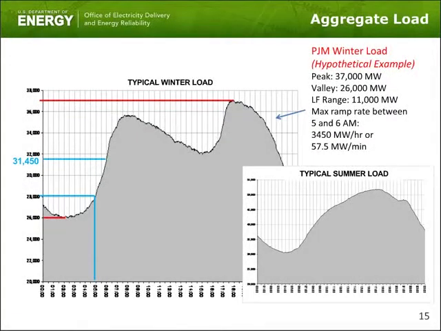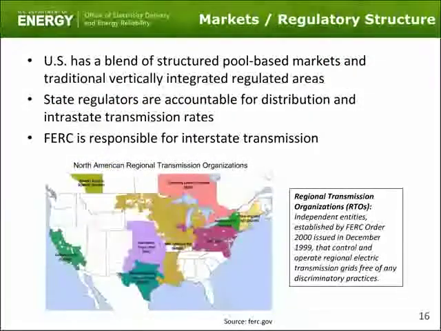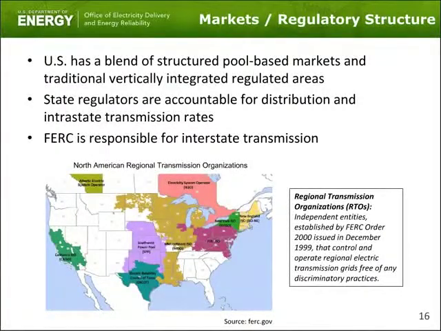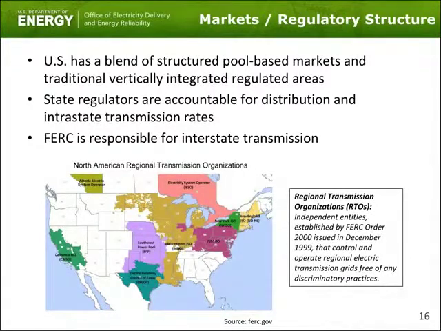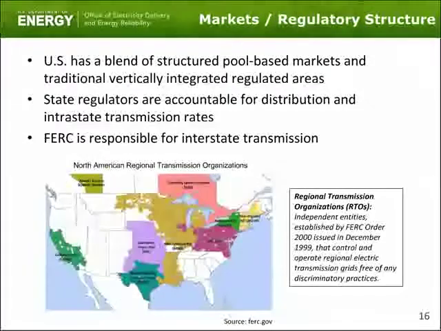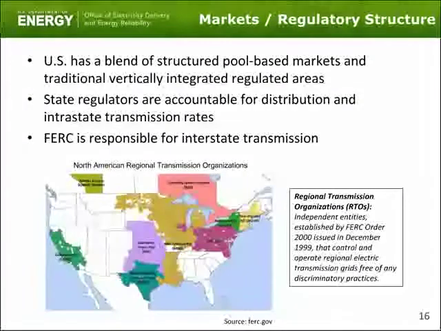Slide 16, please. There are a variety of markets and regulatory structures across the U.S. From a market perspective, you have everything from structured, pool-based markets for energy, to traditionally vertically integrated regulated areas. State regulators are typically accountable for distribution and intra-state transmission rates. FERC, as the federal agency responsible for regulation, is responsible for interstate transmission.